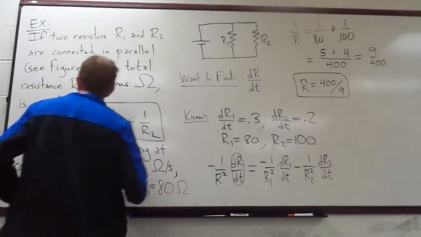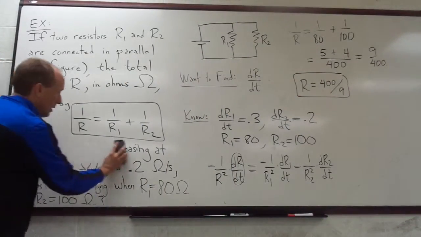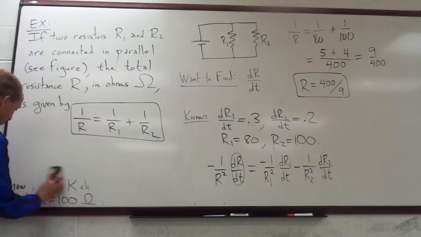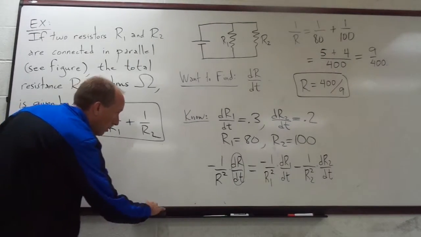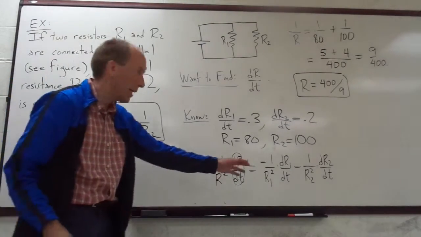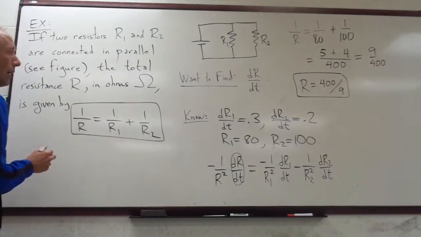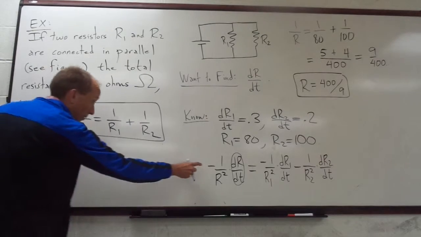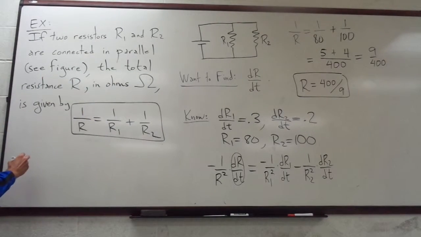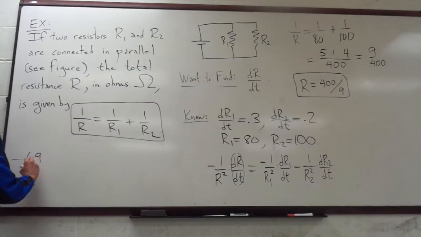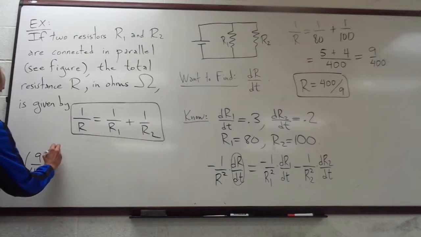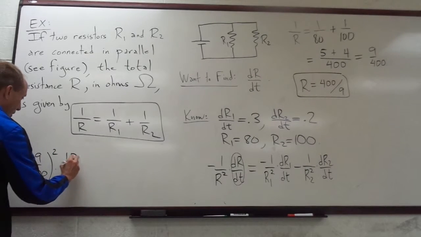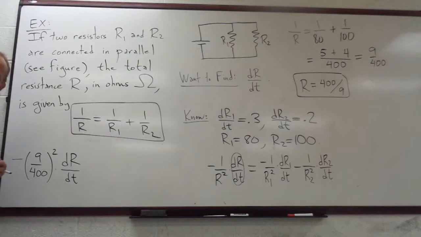So let me erase right here so that I can finish this problem off. I'm going to start plugging these numbers in. So 1 over R squared, and we have a negative, so that's negative of 9 over 400 squared times dR/dt.